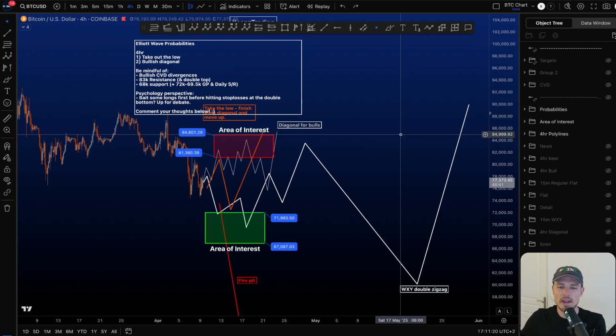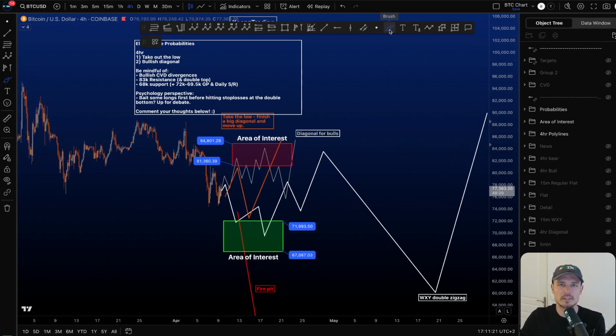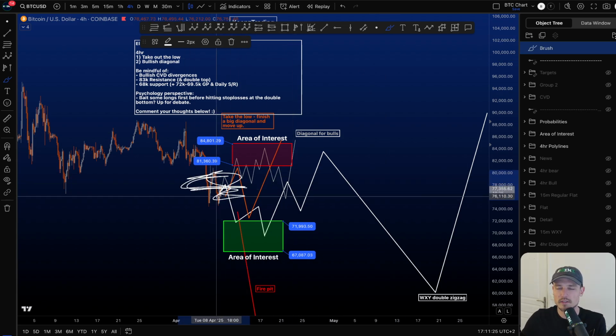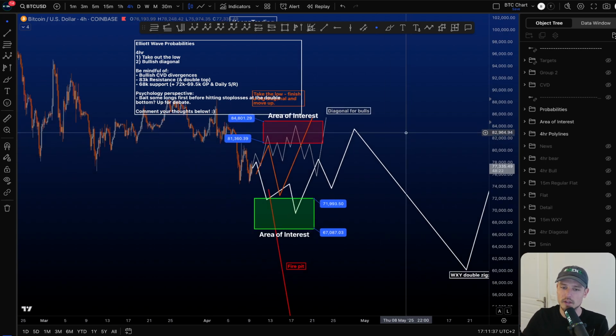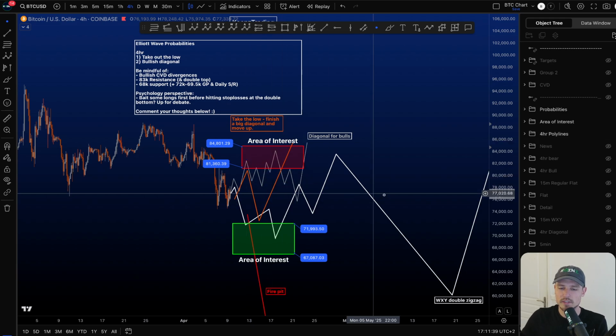But knowing your areas of interest is just as important because it avoids you being part of random noise on lower time frames if that's not your style, right? You just wait. If price is going to hit your area, interest is activated, see what happens, maybe take a position, maybe not.